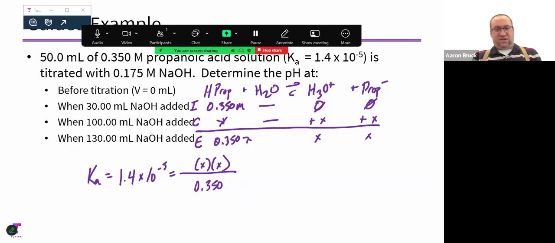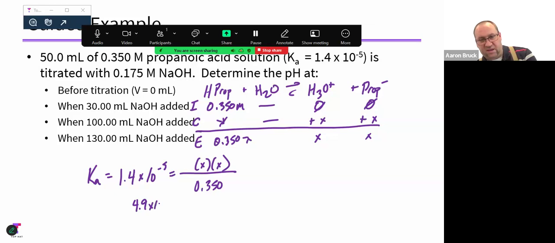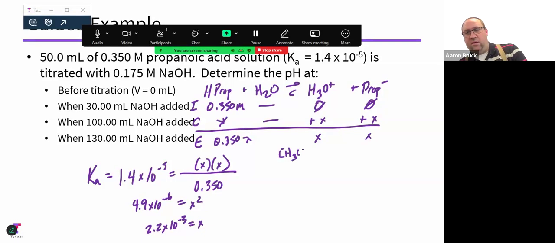Because of that, this is relatively simple by comparison. No quadratic to solve. Ka times 0.35 is 4.9 times 10 to the negative sixth. Square root, 2.2 times 10 to the negative third is our concentration for X. So that means that the hydronium concentration is 2.2 times 10 to the negative third molar. We can calculate the pH off of that directly.